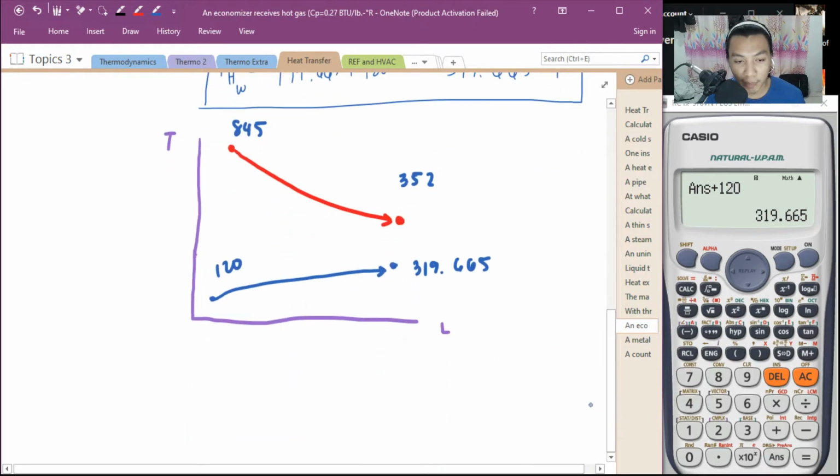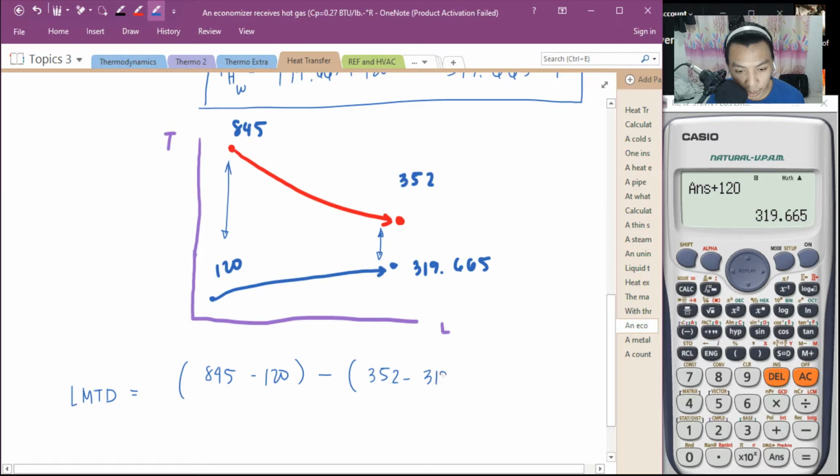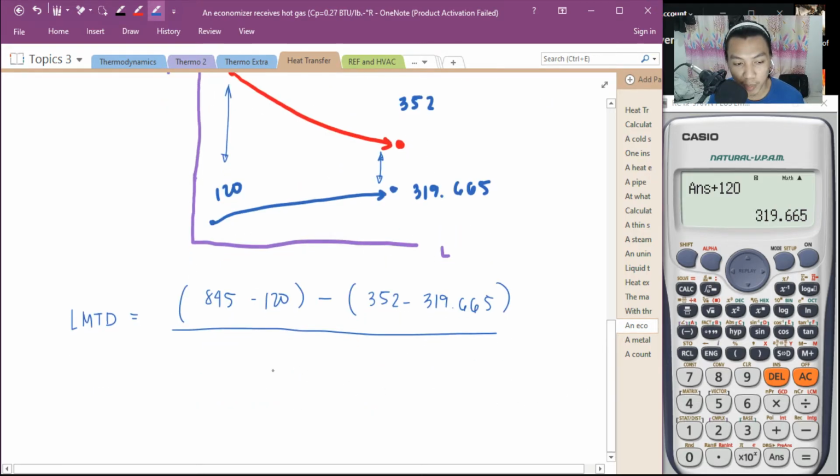Now, for LMTD, look, the maximum is here and the minimum is here, these two. So, LMTD equals the maximum, that is 845 minus 120, minus 352 minus 319.665, divided by the natural logarithm of the maximum and minimum.